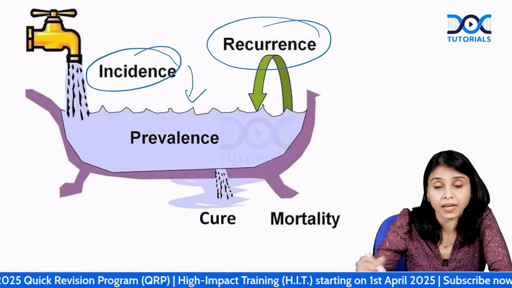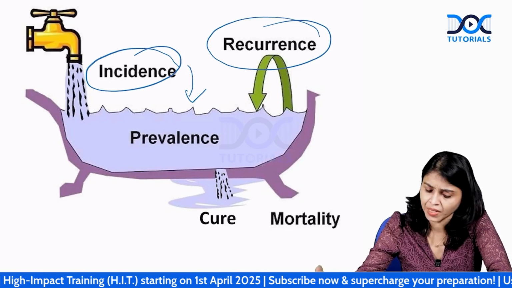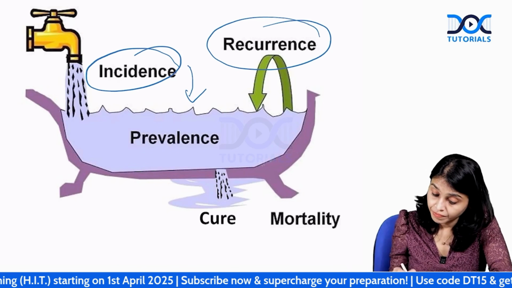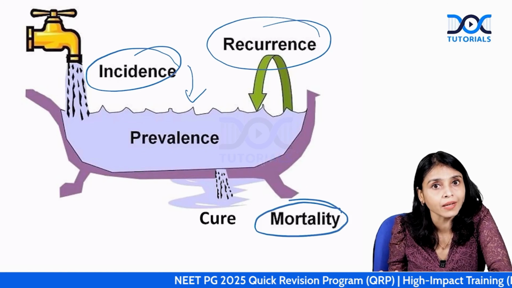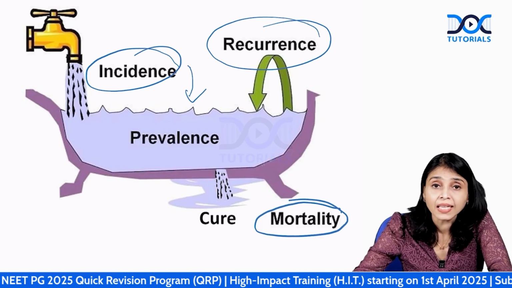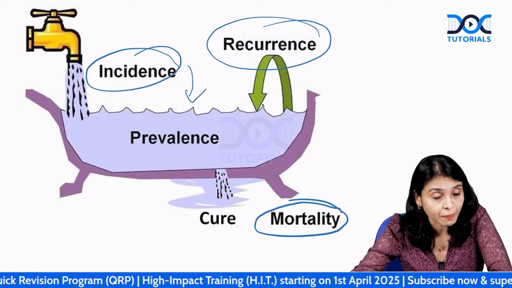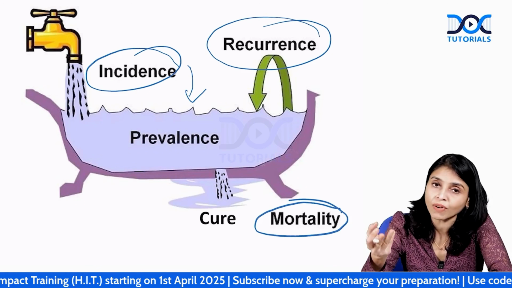As recurrence increases, as in the case of ARI, it comes repeatedly, right? Then prevalence increases. As mortality rate increases, again, prevalence, what happens? Decreases. That is exactly why the rabies cases, we have a lot of rabies cases, but when you take a survey, you won't find even a single case.